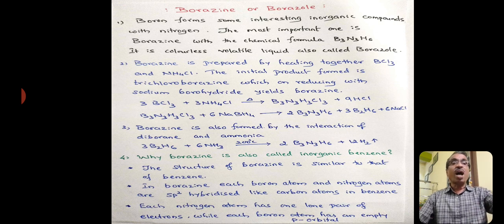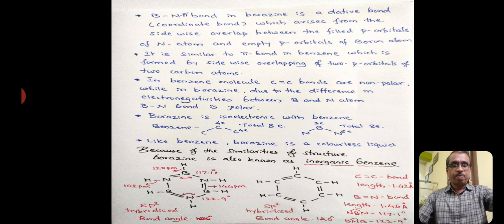Each nitrogen atom has one lone pair of electrons, while each boron atom has an empty p orbital. The B-N pi bond in borazine is a dative bond, also called a coordinate bond, which arises from the sidewise overlap between the filled p orbital of the nitrogen atom and the empty p orbital of the boron atom.